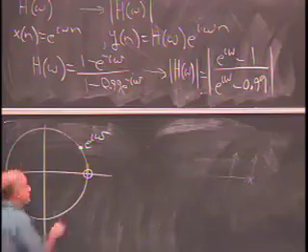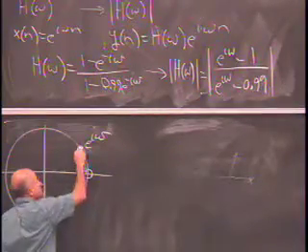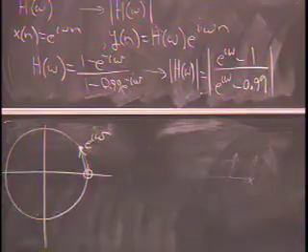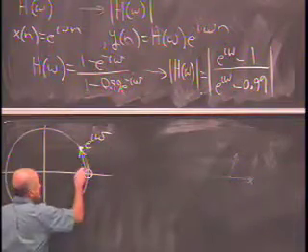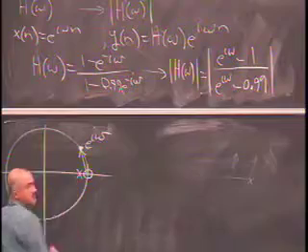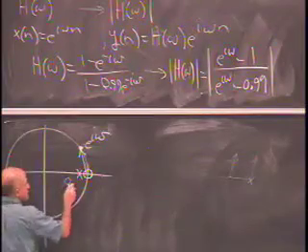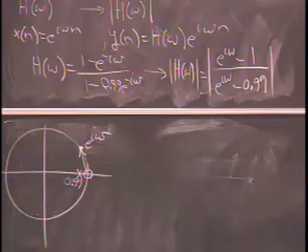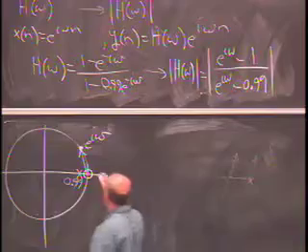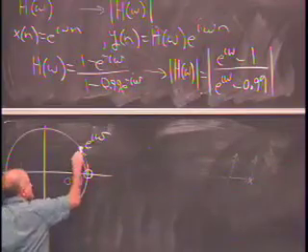So there's an e to the I omega minus 1. It's the length of that blue vector. And I have a 0.99 in the denominator. I represent that with an x. That's 0.99. Where's my red chalk? And the length of that is this vector right here.